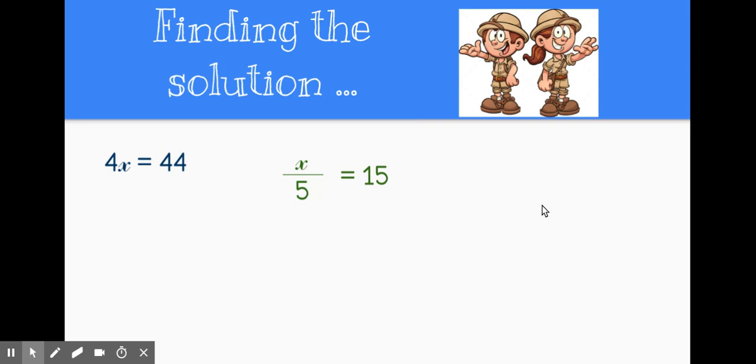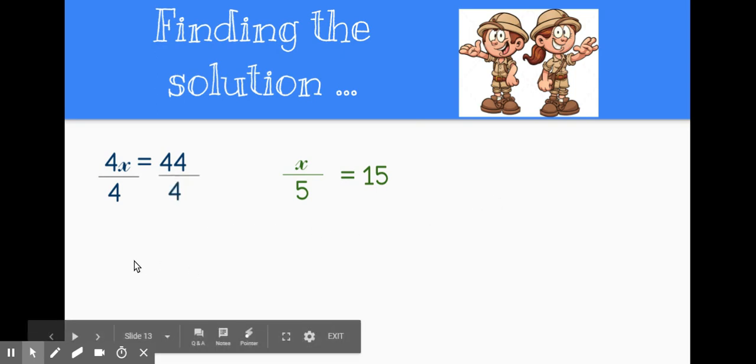Now I would like you to try the blue equation, 4x equals 44. I hope you decided to try and find the solution by dividing by 4 on both sides of your equations, so that we are able to cancel out the multiplication of 4 and the division of 4 and simplify to the solution x equals 11.